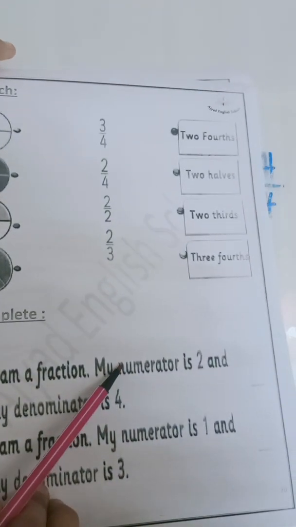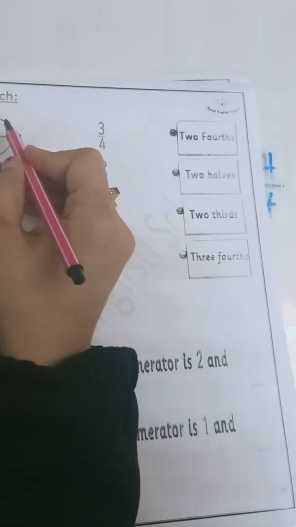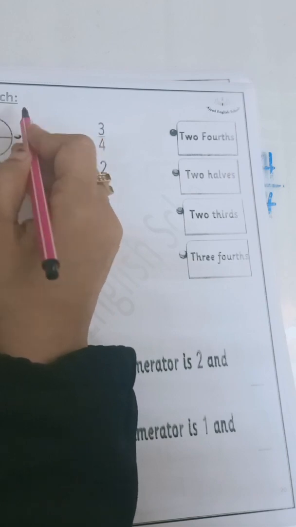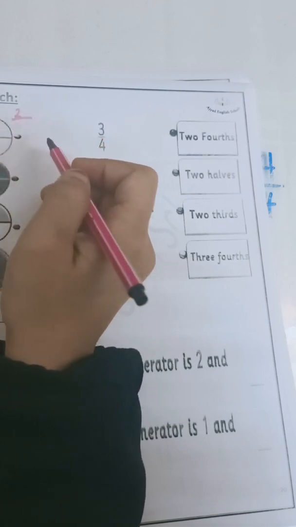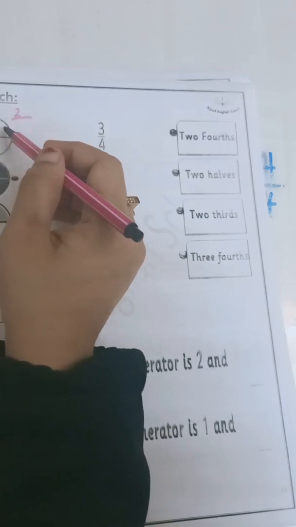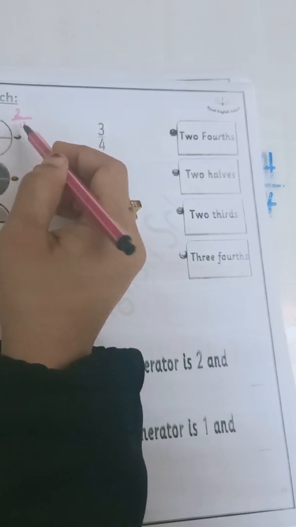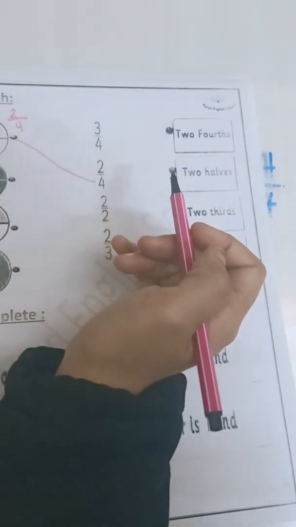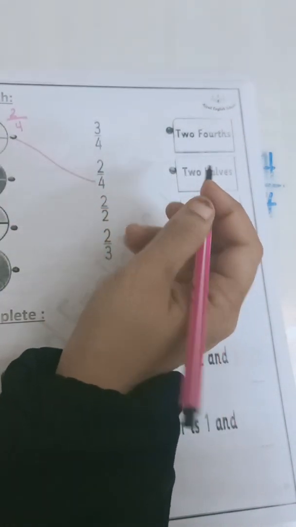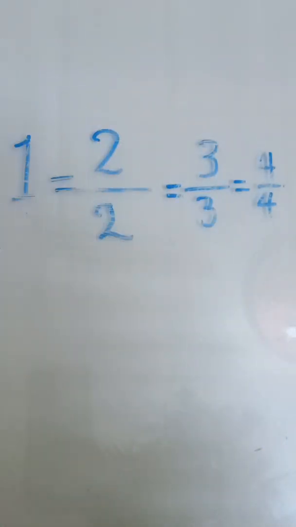Okay. Here what is the fraction? We have 2 colored parts, 2 in the numerator. And how many all parts? 1, 2, 3, 4. We have 2/4, yes. Okay, and how to write it in words?